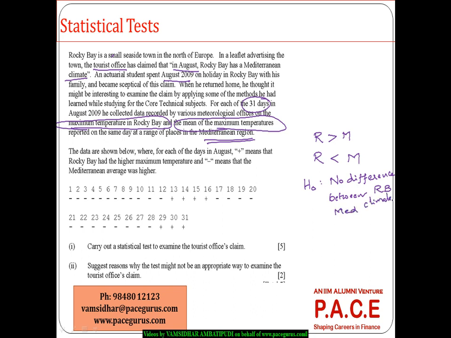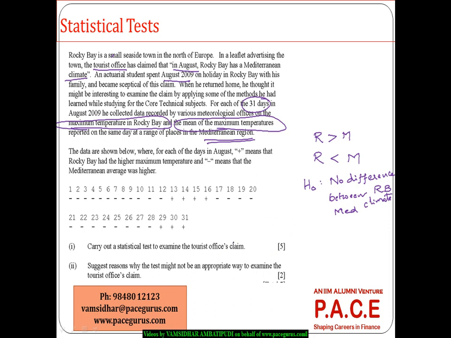So from a temperature standpoint, the long run average temperature in Rocky Bay is more or less the same as that of the Mediterranean climate. That is the null hypothesis, and obviously the alternate hypothesis is the opposite of the same.